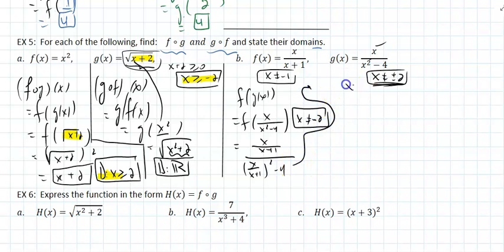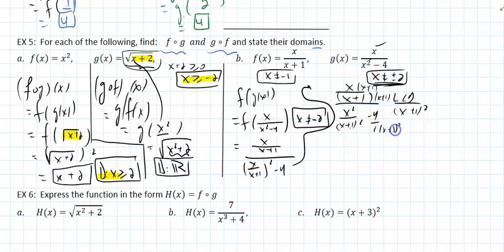That would be x over x plus 1 divided by x squared over x plus 1 squared minus 4. LCD for the top and the bottom combined would be x plus 1 squared. So multiply this by x plus 1, top and bottom. This is missing nothing, and this by x plus 1 squared.